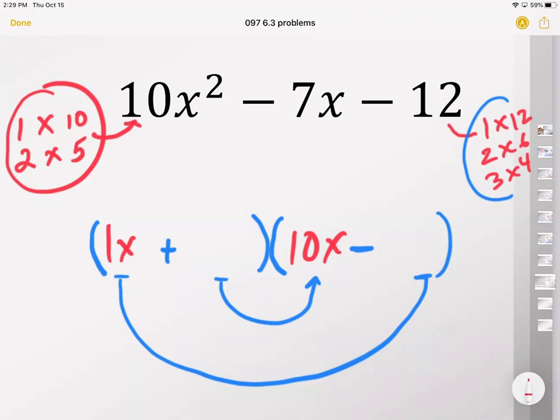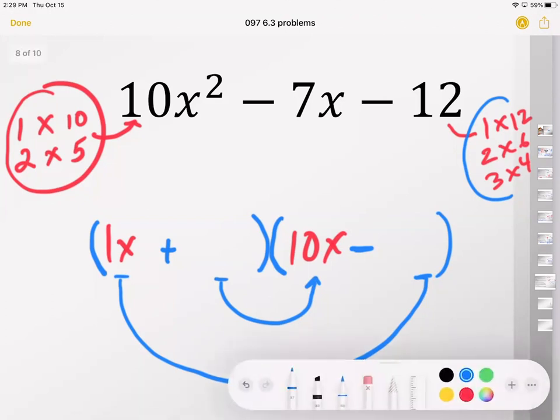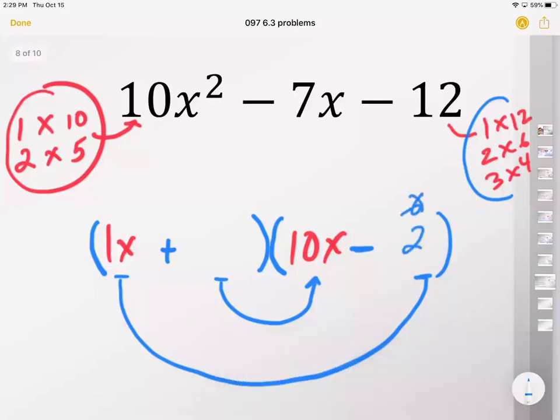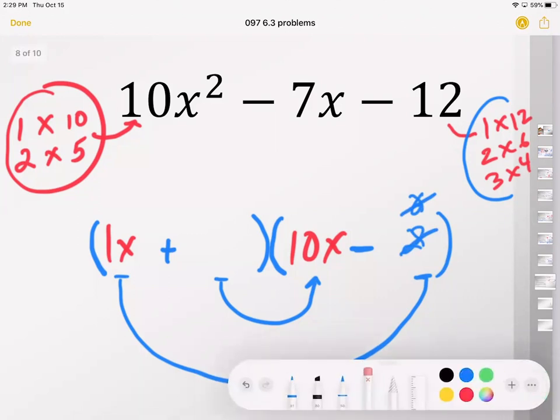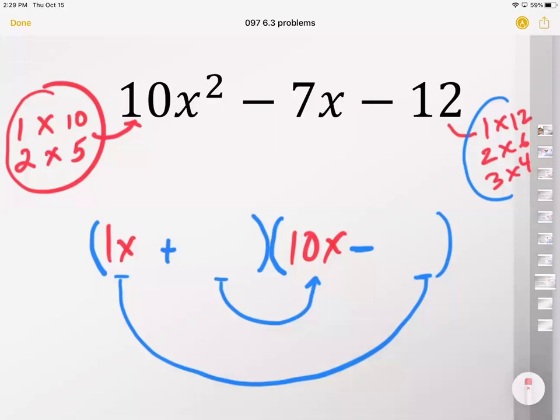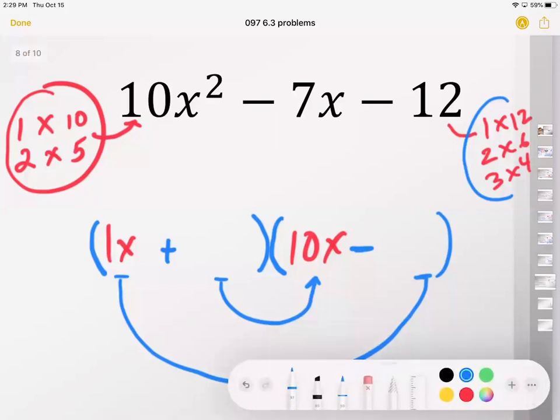If you put this in here, we cannot use the 2 and the 6. Everybody see we cannot use the 2 and 6, because I cannot put the 2 here and a 6 here, since 2 and 6 have a common factor of 10. I end up having to try the 3 and the 4.